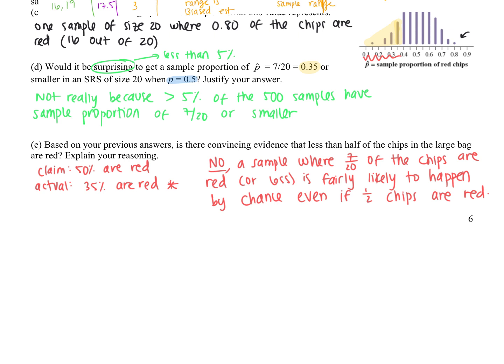Okay, one thing that I want to be very clear about with this is we did not prove that the claim is true. So we did not prove that half the chips in the bag are red.